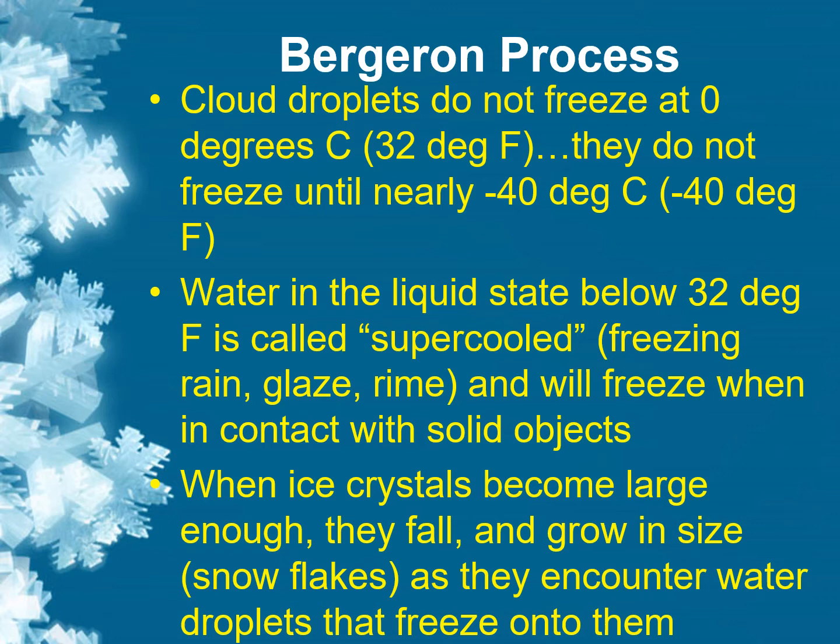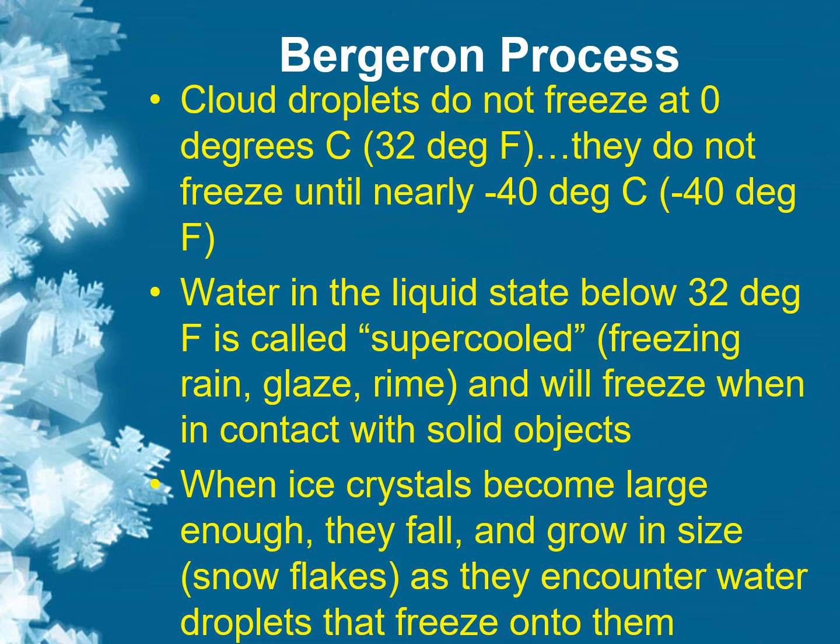Okay, so in the Bergeron process, you're going to begin with these tiny ice particles. And as they move throughout the cloud and encounter supercooled fluid, then, once the supercooled fluid hits a solid object, even like a tiny ice crystal, well, then it's going to condense and add another layer of ice.